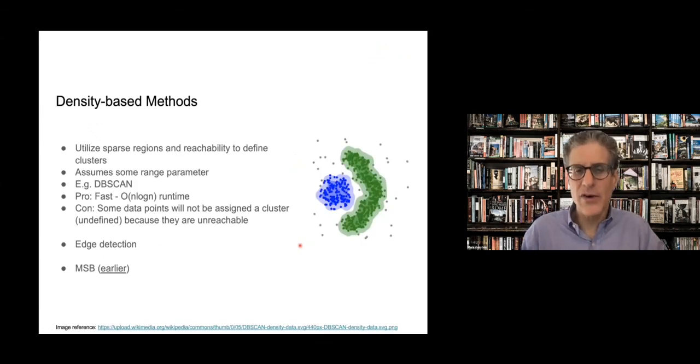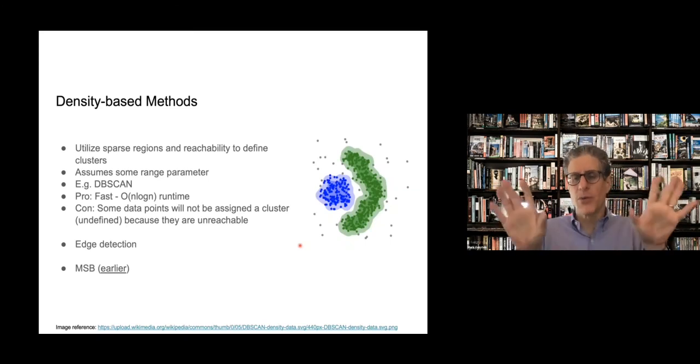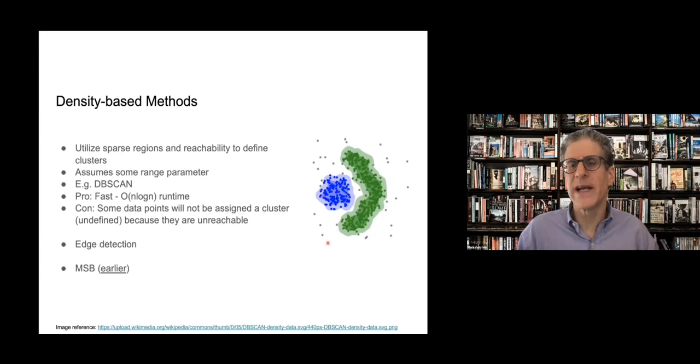Let me tell you about another broad category of methods, called density-based methods. And here you imagine your points in a high dimensional space. What you're doing is almost like edge detection. You're looking for very sparse regions to define boundaries.